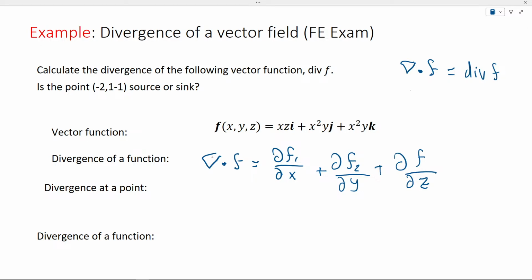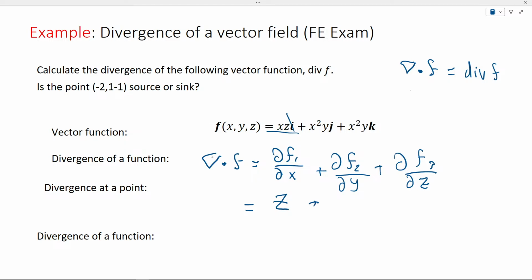This is my f1, so with respect to x I will get z. Yeah, that's a scalar. This will go away, and x here will be a constant.